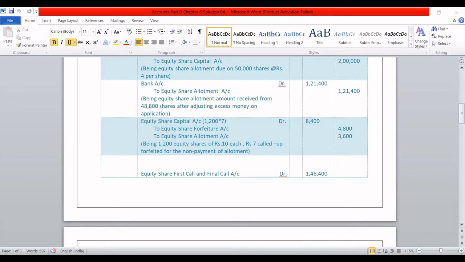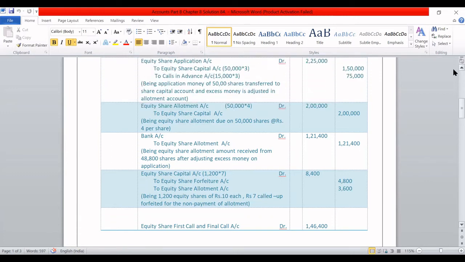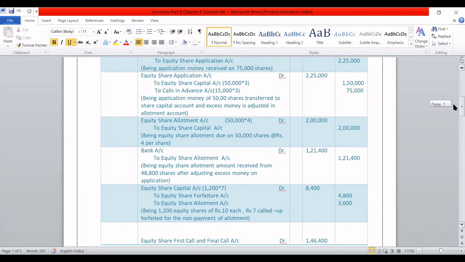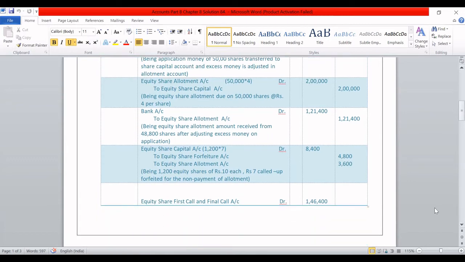Therefore, we are taking the calculation over here as 1,200 debit, that is equity share capital account debit, to equity share forfeiture account and to the equity share allotment account. So 1,200 into 7. Now, what is the 7? It is the application and the allotment amount, that is 4 plus 3, 7. 1,200 into 7 will give you 8,400.